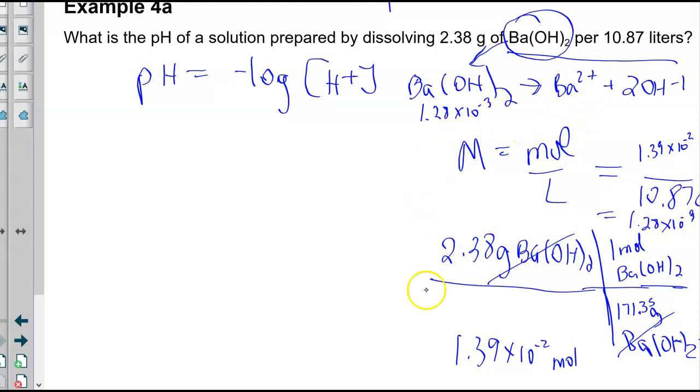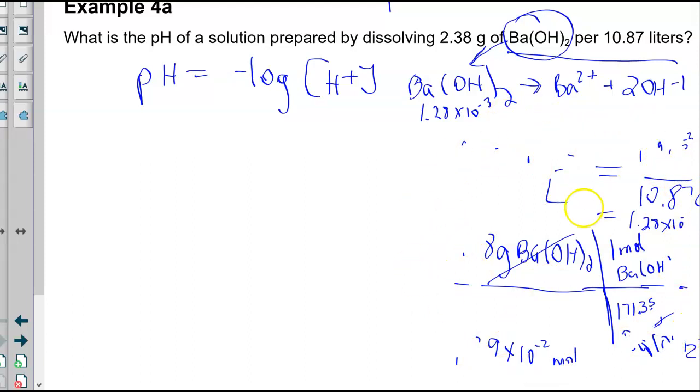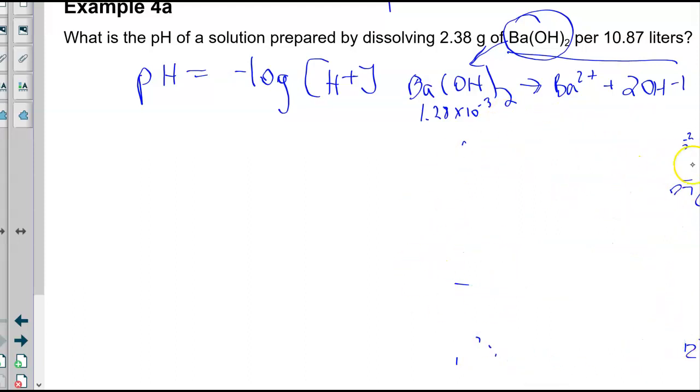You will get points for showing me how you got the molar mass, and then how you got the molarity, moles over liters. So let me take a moment to erase that, because I need to show you some more pieces. When you do a problem on your own, you might do this piece a little bit further down than I did on here, to help with spacing. So all that work got us to the 1.28, with rounding, times 10 to the negative third.